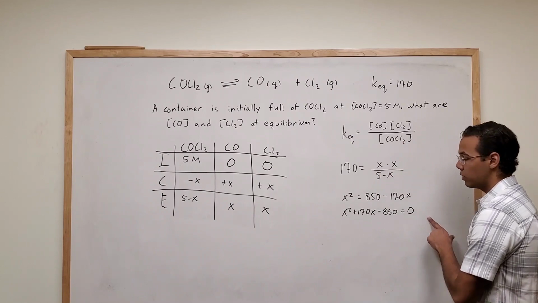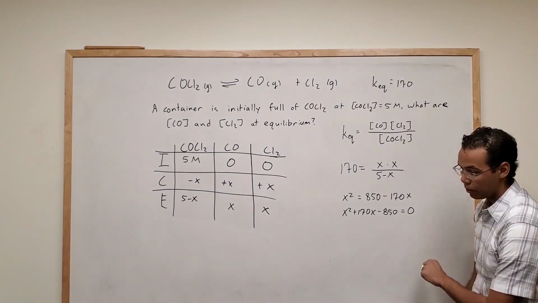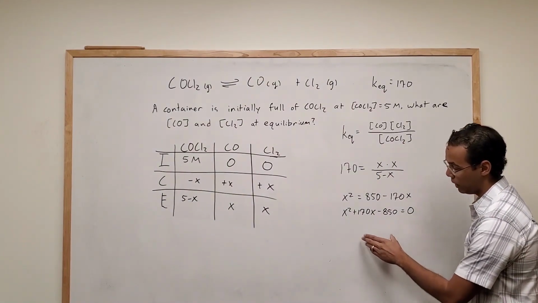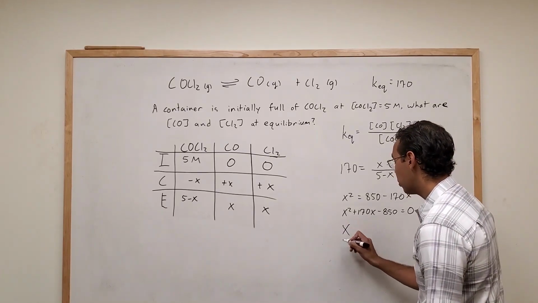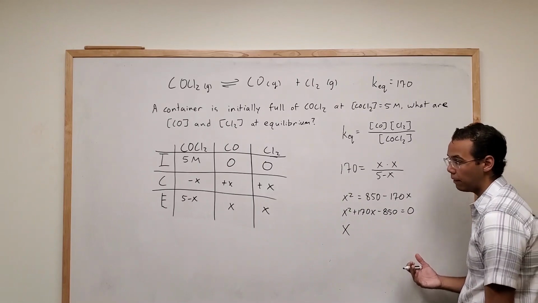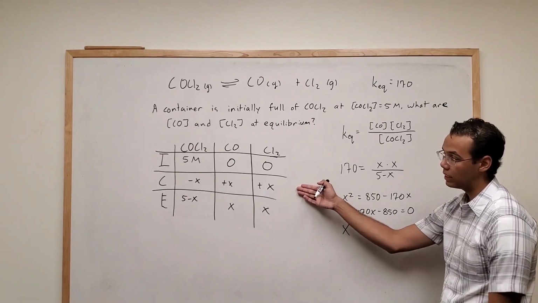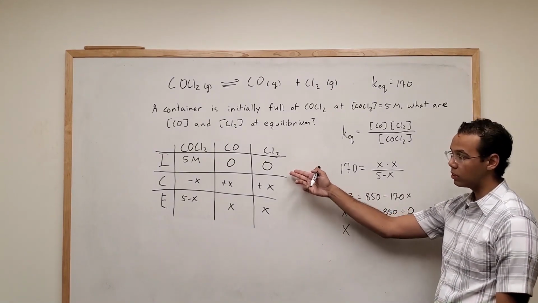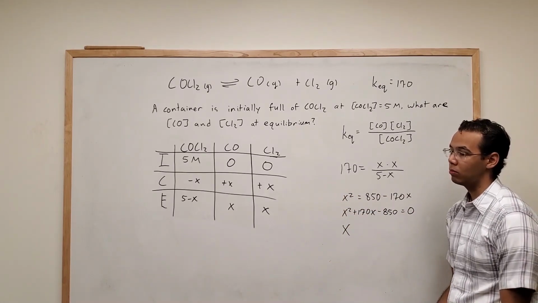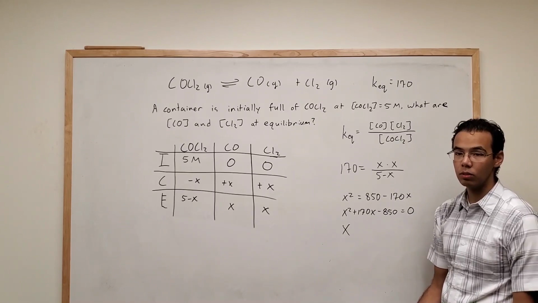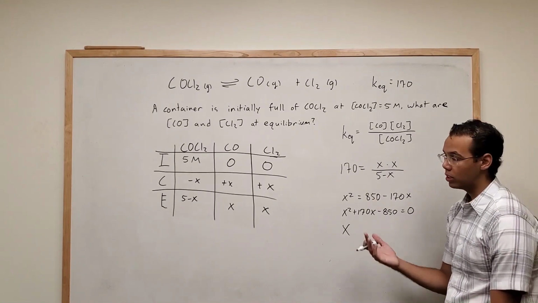You can solve this using the quadratic formula. For the person who loves math, you'll know that the quadratic formula will give you 2 answers. One of them will be positive, one of them will be negative. Having a negative X is meaningless because, as you can see here, if we start at 0 and then have a negative X, we're essentially destroying or reducing something which doesn't exist.